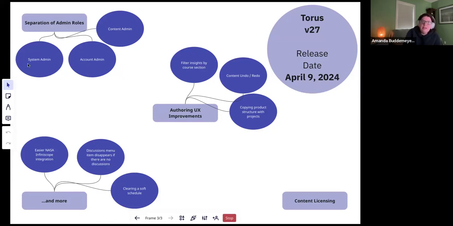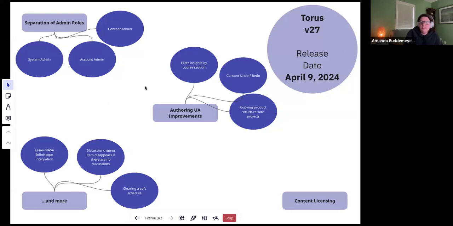And then the system admins can do everything. We're going to be pretty selective about who has that access. Most likely, if you are an admin right now, then when V27 comes out, you will be a content admin. We also have a number of UX improvements that we're making.